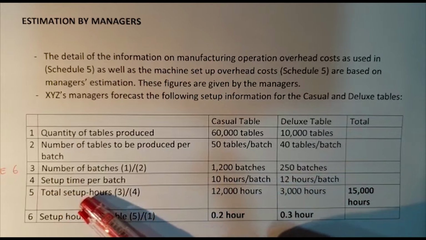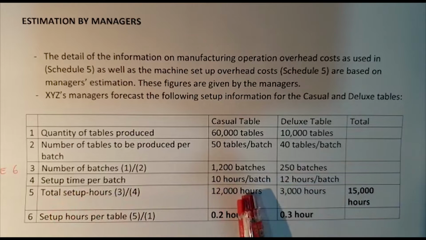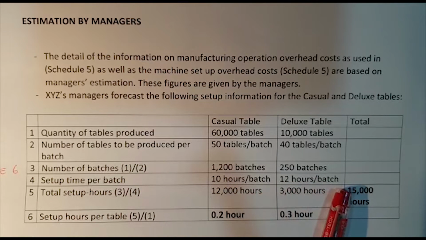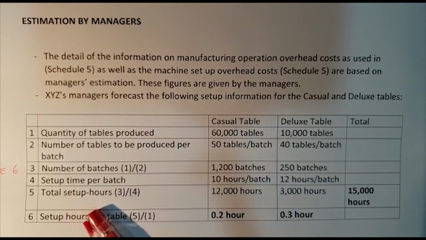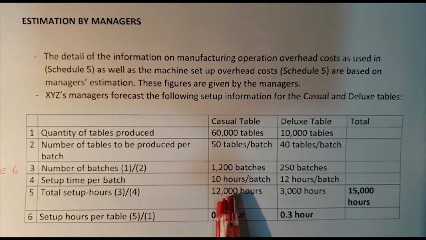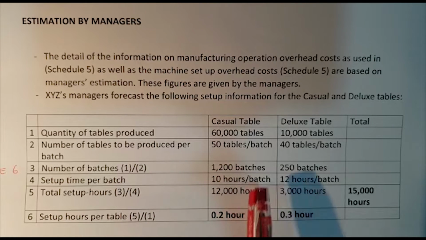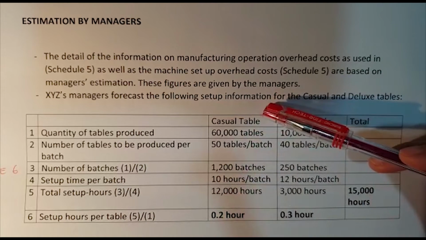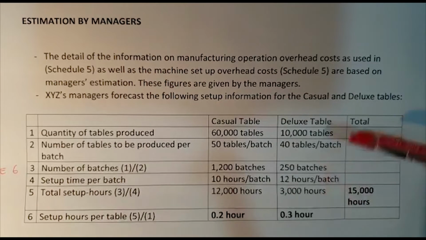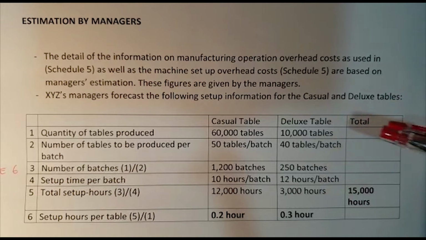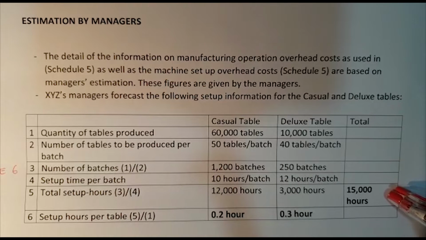Next, setup time per batch is 10 hours per batch and 12 hours per batch. Total setup hours, we multiply number 3 with number 4. So we get 12,000 hours for casual and 3,000 hours for deluxe. If we add this together, the total setup hours is 15,000.